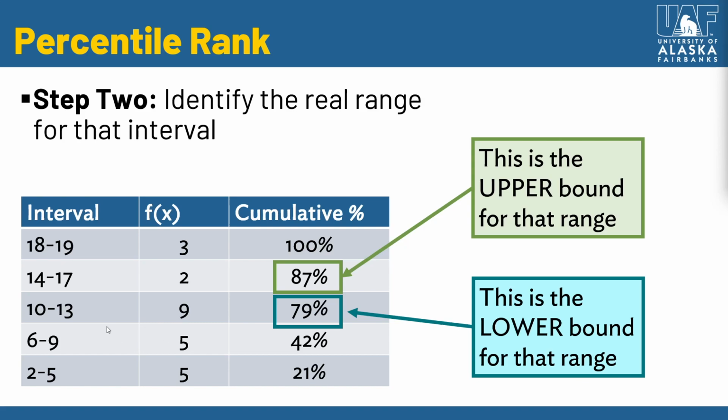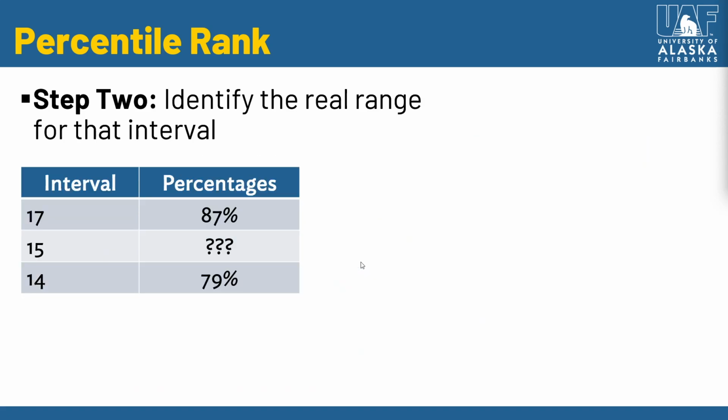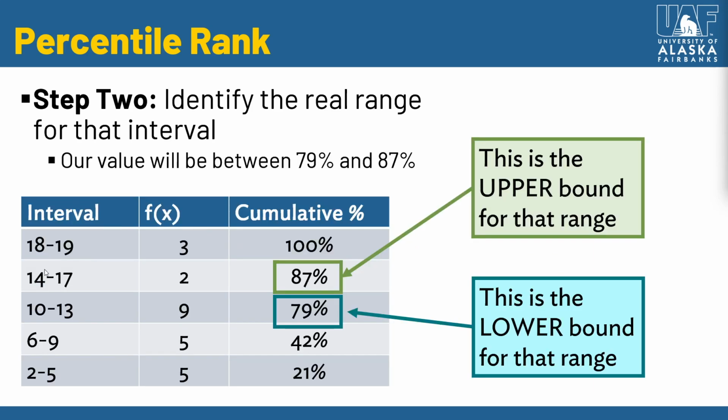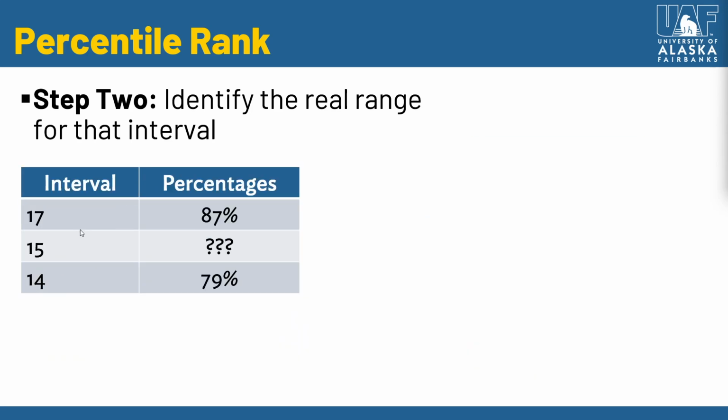This is the lower bound, right? Because we know 13, or 79%, drove 13 or less. So we know these are the bounds for this specific example. And so our value will be between 79 and 87%. So we can kind of explode that a little bit. We're taking this interval and blowing it up to where, okay, the upper bound is 17, 87%, 14 is 79%, 15 is what, right? That's the percentile rank we're looking for.